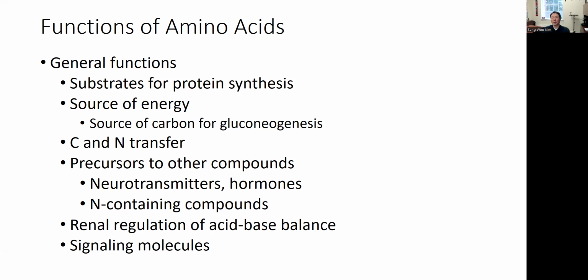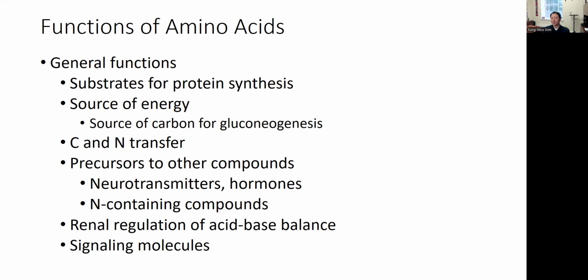And when the amino acids are moving in the body or converted to other compounds, they donate carbon and nitrogen. So actually they are transferring carbon and nitrogen in the body. As a form of polyamines, they are carrying the nitrogens as well. Some amino acids are precursors to other compounds, like neurotransmitters from tryptophan or phenylalanine and so on.